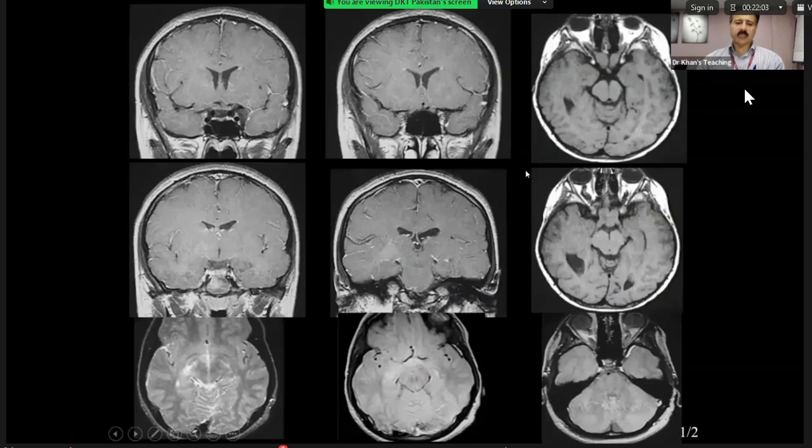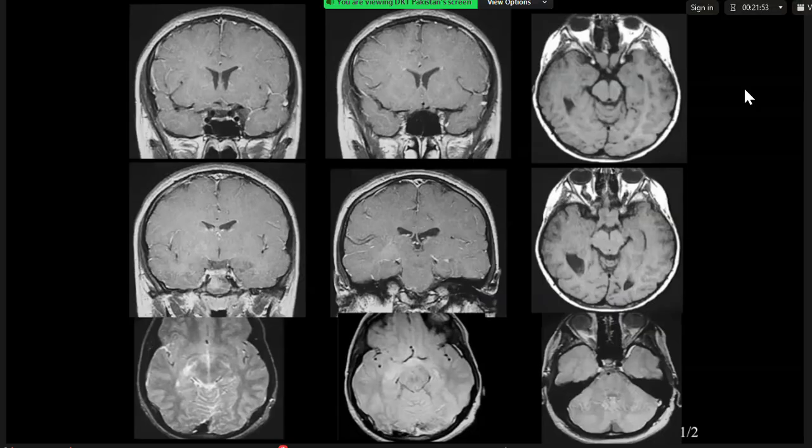Okay, this is a case of NF1, candidate 8. You tell me the findings, please. There is bilateral thickening of both optic nerves. These are T1 sequences.